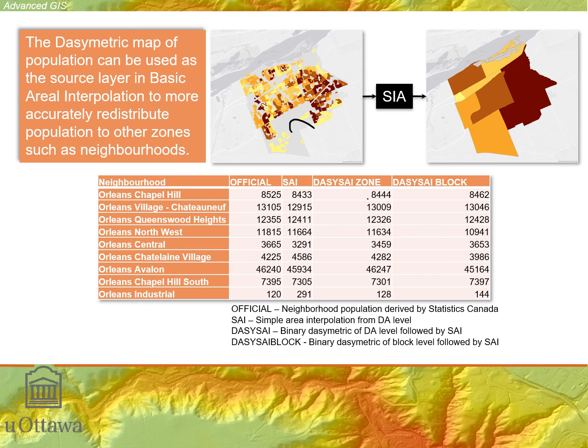And so this step, whenever you can do it, if you have to do some sort of basic area interpolation, think always, can I at least get a binary Dasymetric map to create a spatially focused, detailed population distribution, and then use that to go in the basic area interpolation process. And then what you've done is a binary Dasymetric map interpolation.